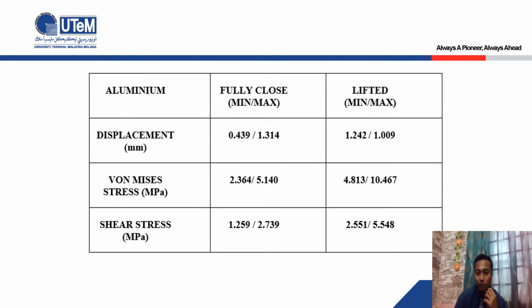Then we go through the lifted condition, where we have 1.242 and 1.009. For von Mises stress, we have 4.813 and 10.467. For shear stress, we have 2.551 and 5.548. For displacement, we count in millimeters. Von Mises stress is in megapascals, and shear stress is also in megapascals.